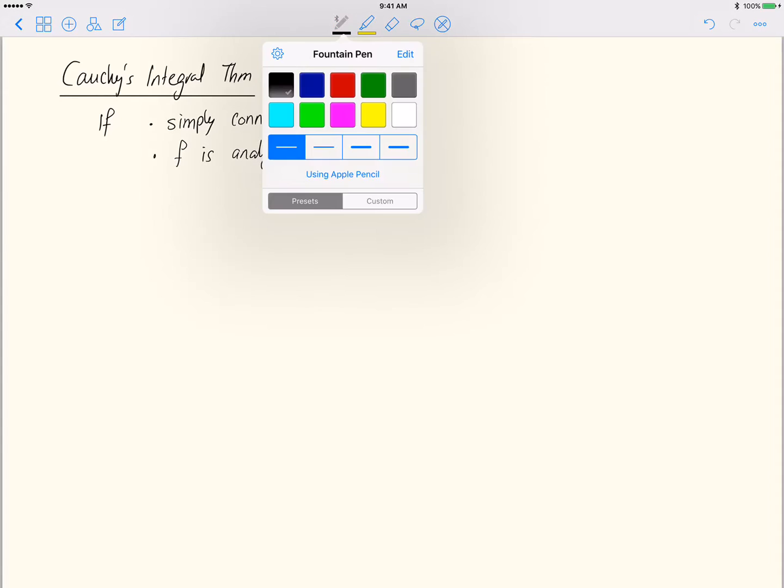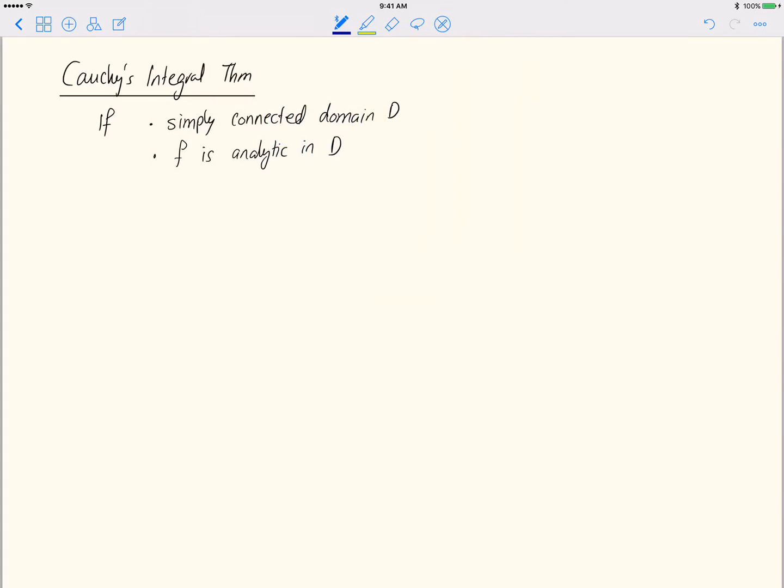So I'll write that down. Simply connected equals domain with no holes. So maybe something like this. Yep, so this one here.